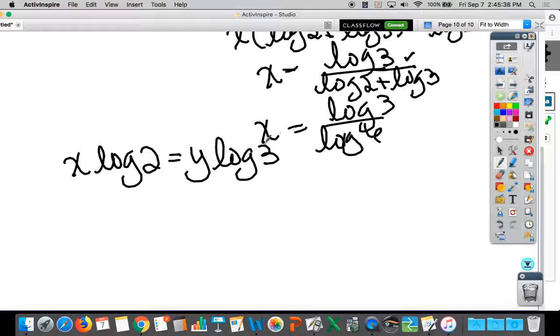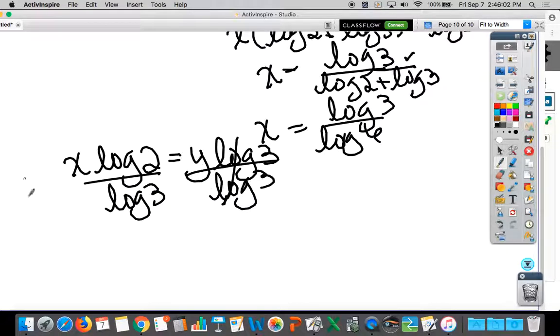So if I want to get x, do I want to substitute x for y? No, I want x in my final answer. So that means I need to get y equals. If I'm going to get y by itself, what am I going to do? Divide by log 3. So do I have a value for y now? Okay, so we have x plus y equals 1, correct?